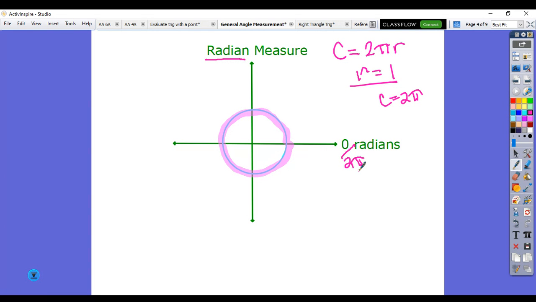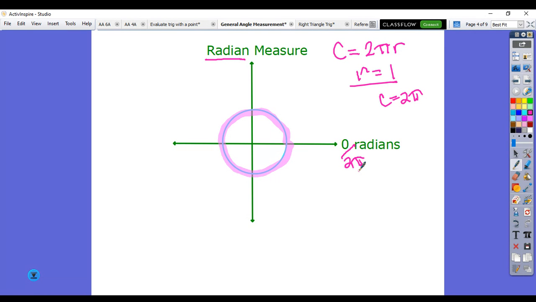So I want you to think of radians like this. I want you to think of a ruler. What are the different measurements on a ruler? If you were to measure how long a pencil is, you could either measure it in inches, or you could turn the ruler around and measure it in centimeters. It doesn't change the length of the pencil.